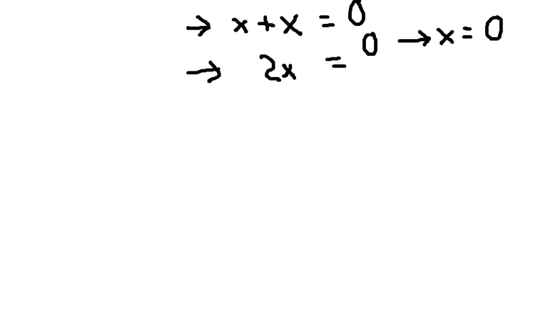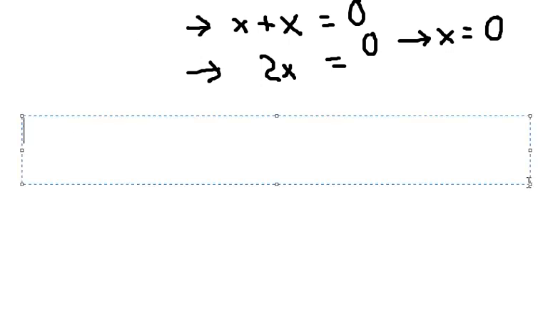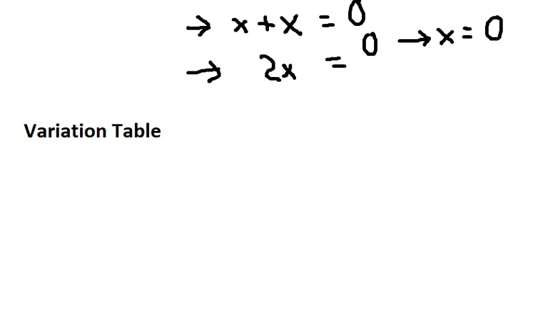Now we can use the variation table. That should be like this.